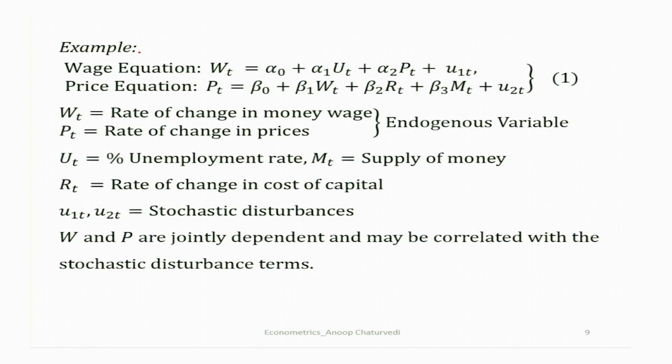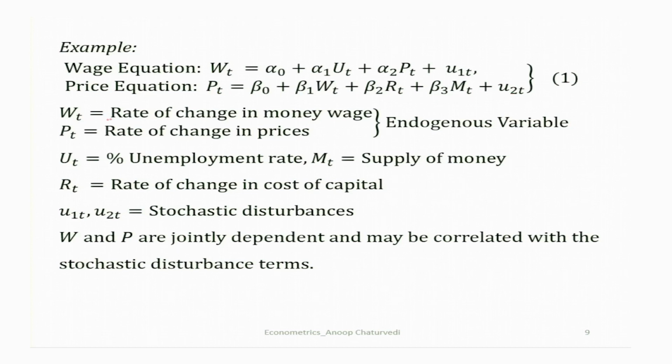Now, we consider this example. In this example, you have a wage equation which is W t equal to alpha naught plus alpha 1 u t plus alpha 2 p t plus u 1 t, and then you have a price equation where p t is equal to beta naught plus beta 1 W t plus beta 2 R t plus beta 3 M t plus u 2 t.